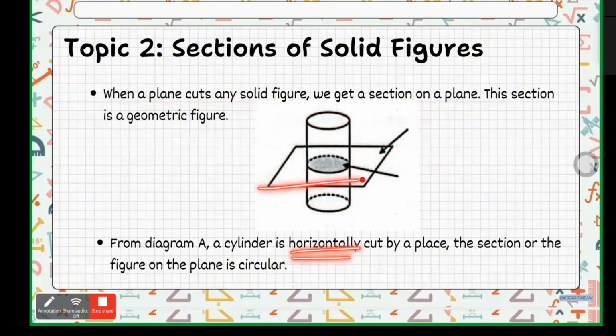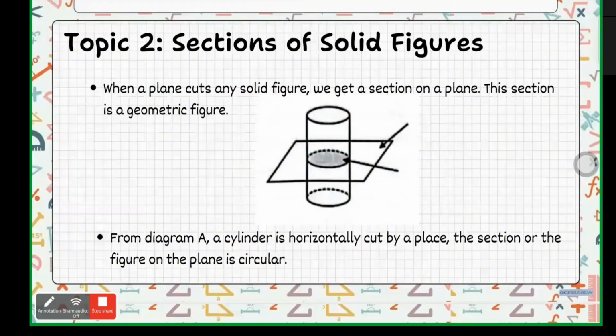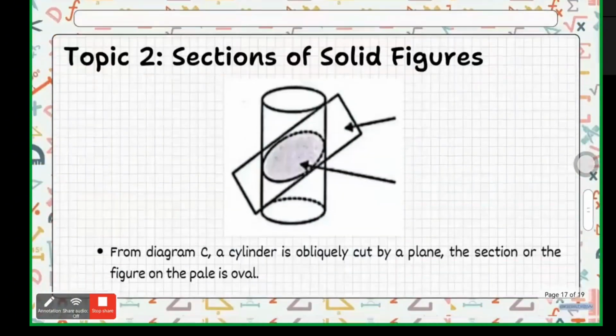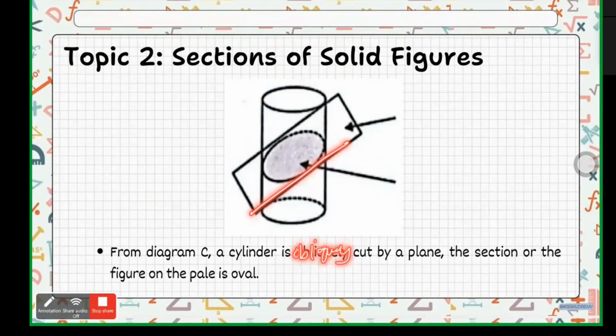horizontally, okay, like this way, we will get a circular section for cylinder. But if the cylinder is cut vertically, this manner, we will get a rectangular or a rectangle. While if we cut it in a diagonal way or obliquely, we will get an oval shape.